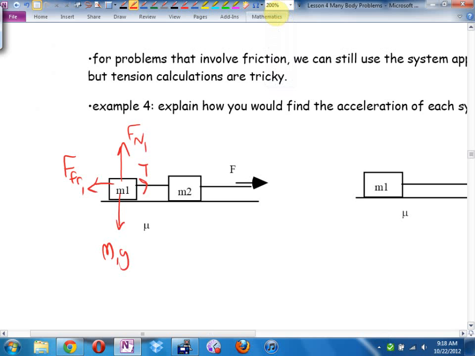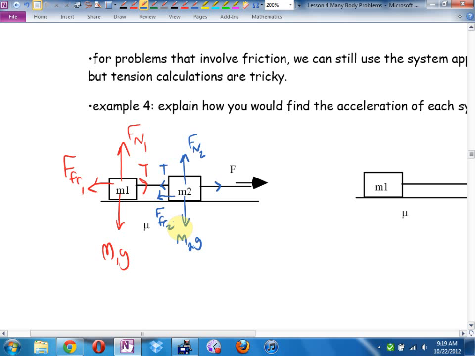What are the forces acting on mass 2? M2G, normal force 2, I got the applied force over here, I have tension, and I also have a second friction force slowing it down.